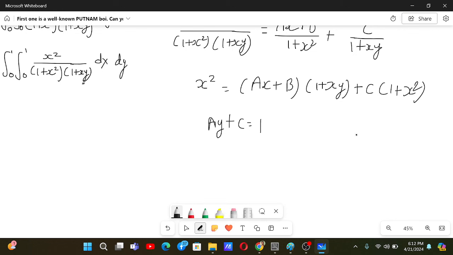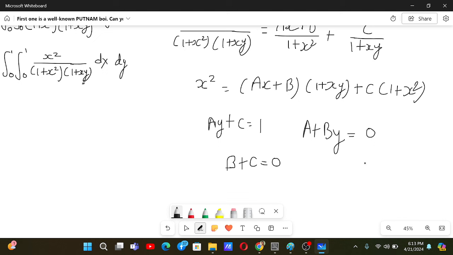Now if we compare the coefficient of x, we basically have a plus by, and I think that it is equal to 0 because there is no x over here. Comparing the constants, we have b plus c is equal to 0. Is that it?